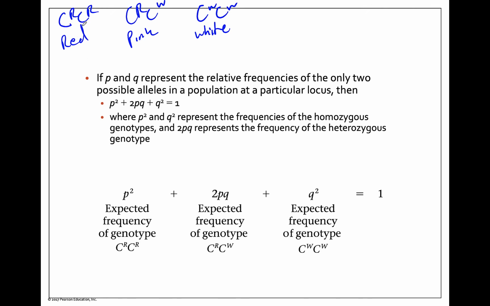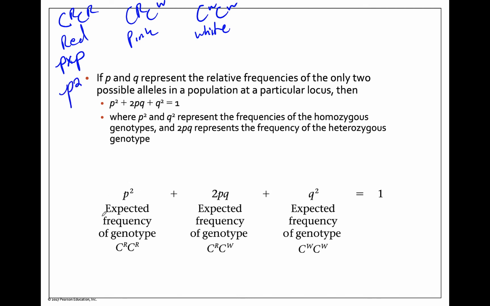So CR, CR, that has two alleles represented by P. When we're looking with frequencies, if we have two of something, we're going to multiply them together, right? Multiplication. What's P times P? That's going to be P squared.